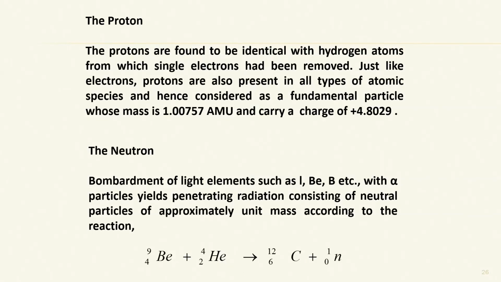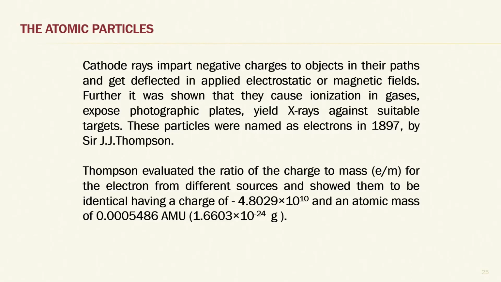That means, if you compare the proton and the electron, the proton is quite heavy, because in atomic mass units it is 1.00757 AMU, and what is that of the electron? 0.000486, correct.